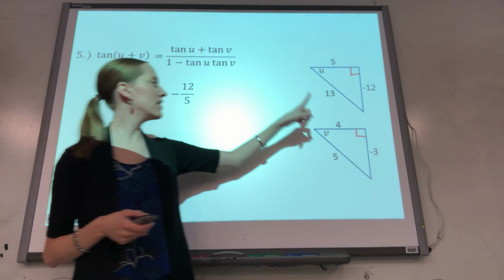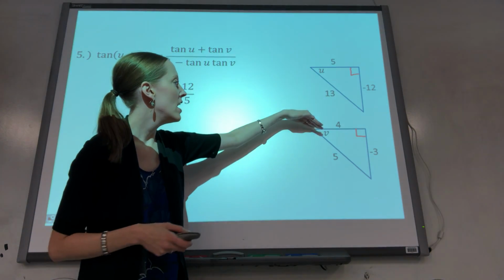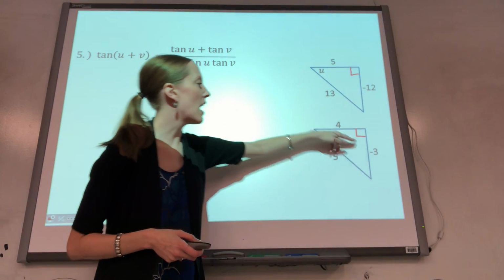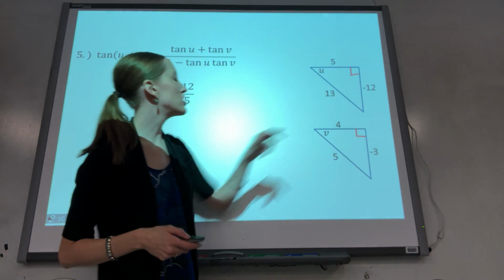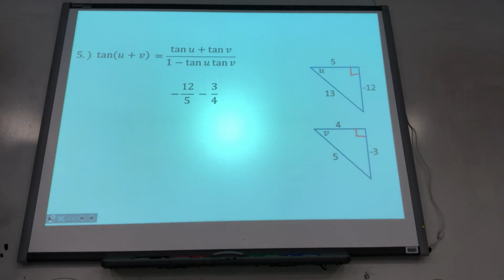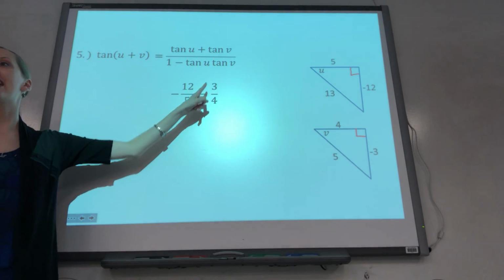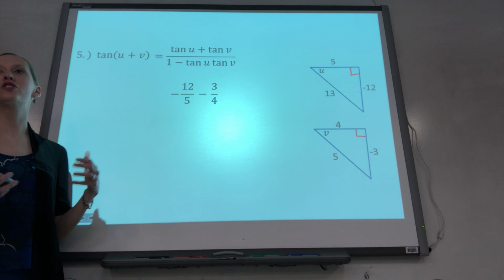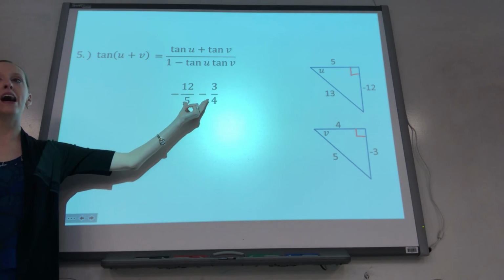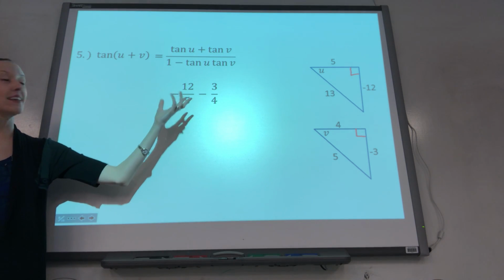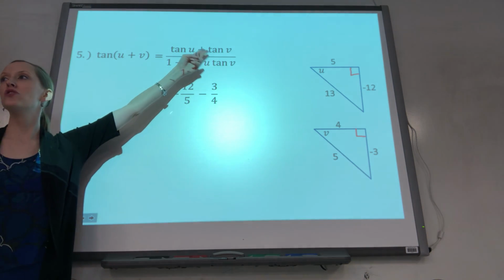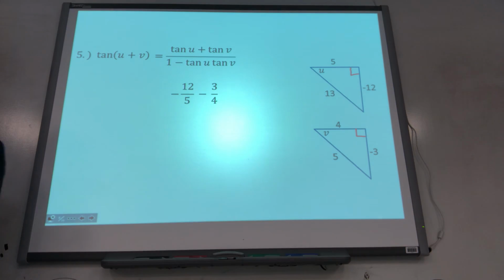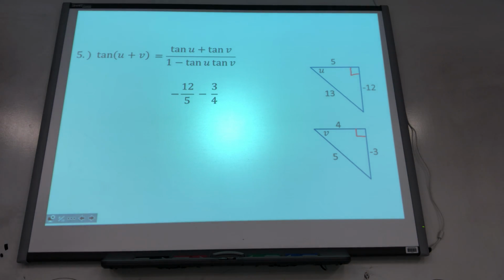We're moving down here to the v triangle. Tangent is opposite over adjacent, so I'm not going to put plus negative 3/4. I just changed it to minus 3/4. Make sure you know these numbers are not being multiplied. Technically, they were being added together. It's just that the second number happened to be negative.